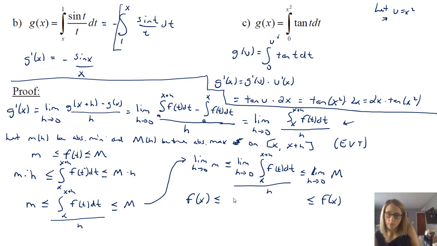And in the middle, we have the limit as h goes to 0 of the integral from x to x plus h of f of t dt over h. Sorry for the small spacing.